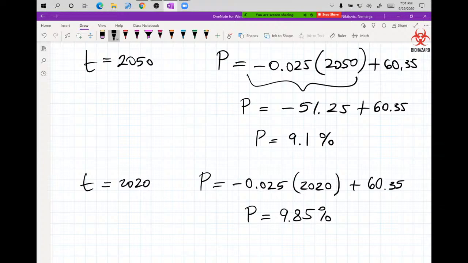So we went really far with medical advancements to keep people alive longer, and the longevity of the people is increasing. So we should have way more old people in 2050 than now in 2020.